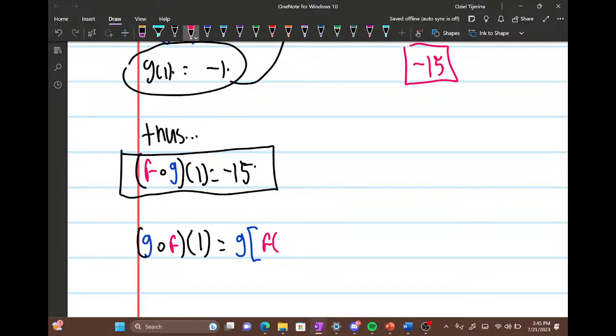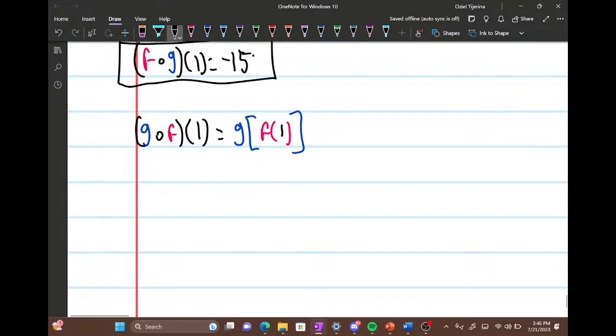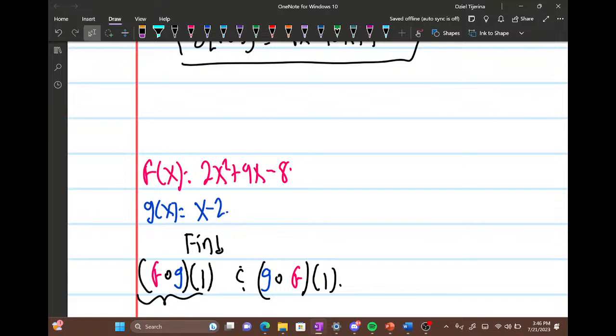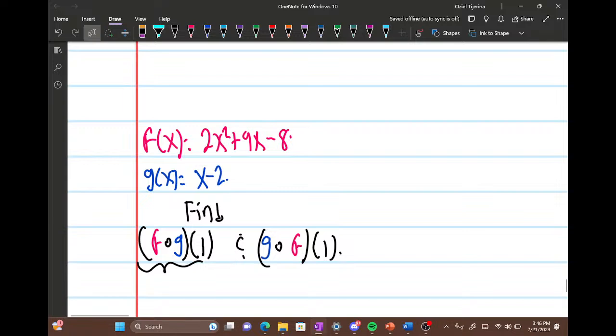So we have f of 1. g of f of 1 is going to be the following.